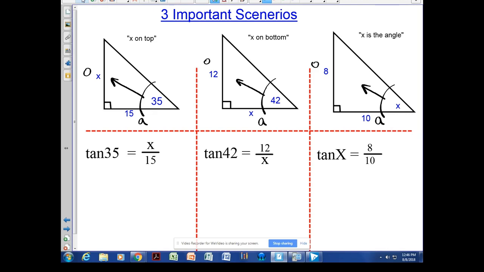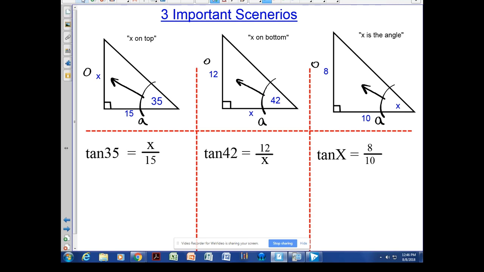Now, the reason why I used tangent for all of these problems was to show you another very important skill, which doesn't have to do with the function you're using. Because regardless of whichever function you end up using in right triangle trigonometry, you might have an x or a number you're looking for that ends up on top of the fraction, like the first example. Tan of 35 equals x over 15.